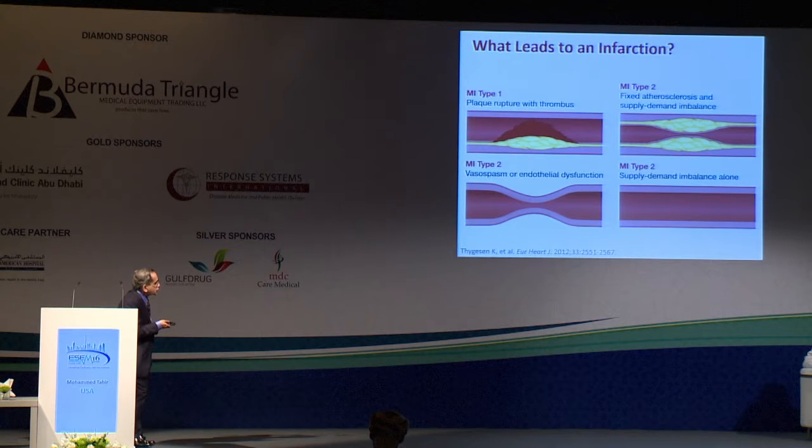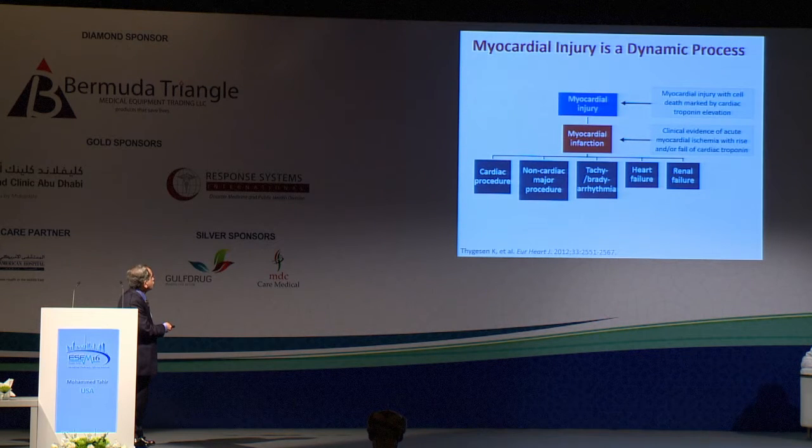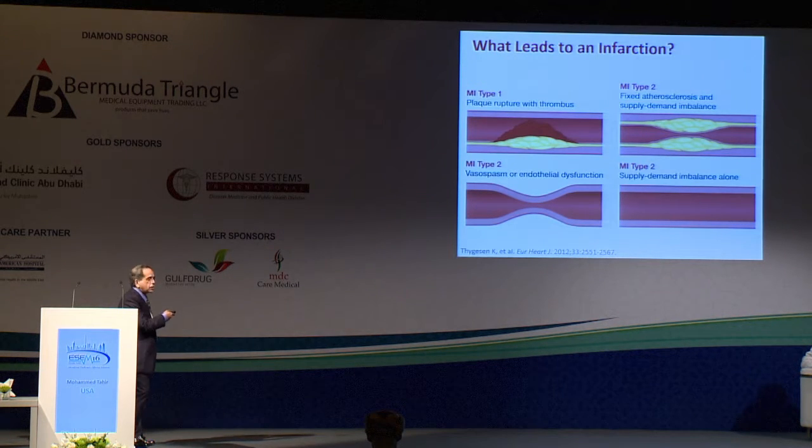So the next question comes in: what leads to an MI? And I know as emergency physicians, the most important thing, the majority of you are bothered about, is that the patient should be moved out from the ER either to the cath table or to the CCU or to the cardiac unit. But whatever it is, the type 1 MI is the MI which we are talking about when you have an acute ST elevation MI, where there is a plaque rupture, there is occlusion of the vessel, and you get an MI.